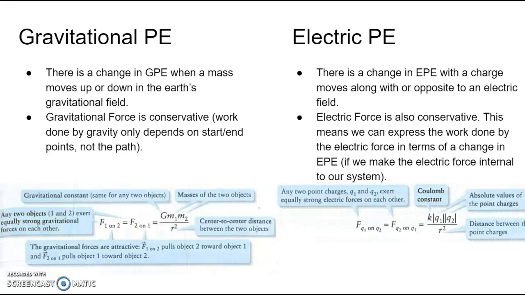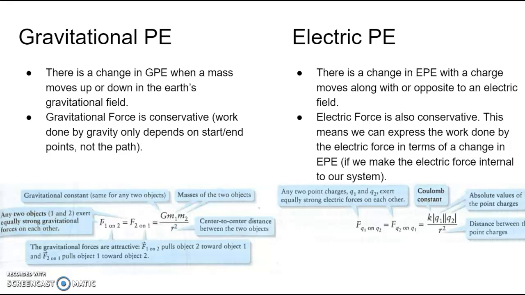The way gravitational potential energy works is that there's a change in the gravitational potential energy depending on the location of the mass with respect to the gravitational field. Very simply speaking, we can write the gravitational potential energy as mgh, assuming a uniform gravitational field.